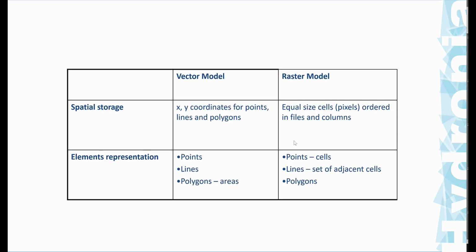In summary, the vector representation is based on points defined by x and y coordinates. These points can be joined to form lines or polylines and eventually polygons. And it should be noted that the shapefile format, which I haven't talked about, we'll make use of extensively during the course. The shapefile format is the native format for the vector layers.